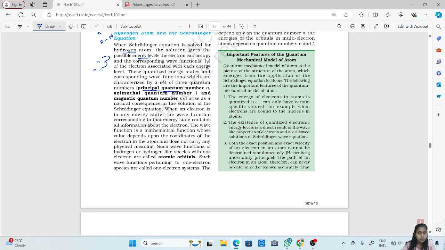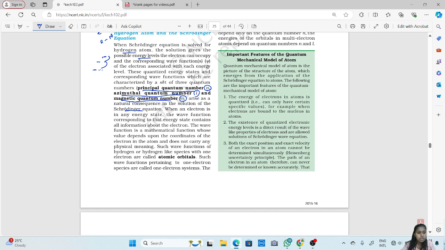One is the principal quantum number, that is n. Another one is the azimuthal quantum number, that is l, and the magnetic quantum number, that is m_l. These are the three quantum numbers. The energy states are quantized, arising as a natural consequence of the solution of the Schrödinger equation.